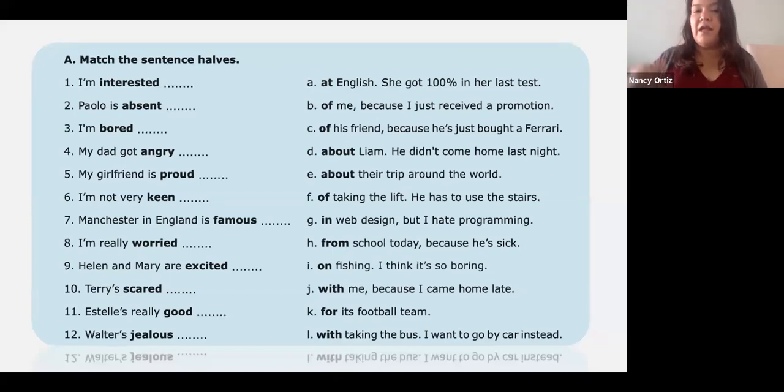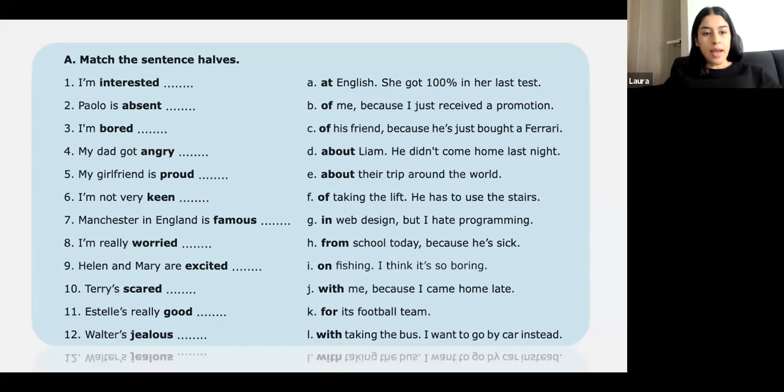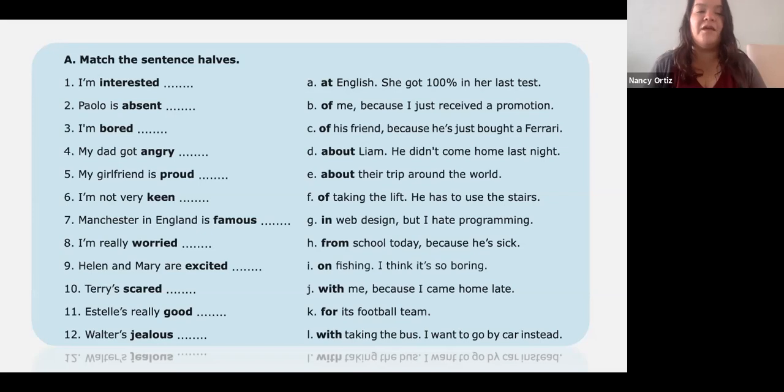Alma, now choose any other dependent preposition pair and ask someone a question, like the one I asked you, but with a different one. Laura, tell us something that you are good at. I'm good at cooking. Very good, Laura. Ask someone another question using a different dependent preposition.